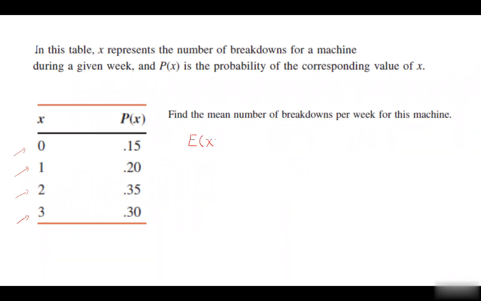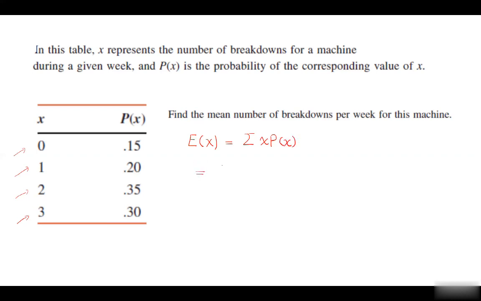Okay, and here we want to find the expected value of X. That means on average, how many breakdowns does this machine have? According to the definition, the expected value of X, or the mean of X, equals the sum of value times its corresponding probability, right?